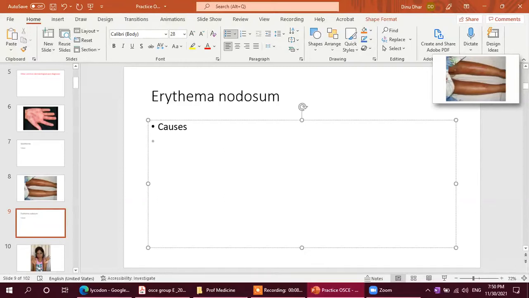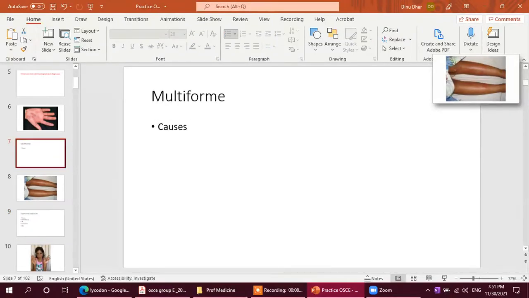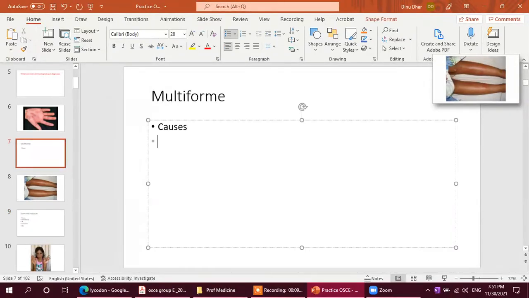The important ones you need to know are primary tuberculosis, primary TB, sarcoidosis, and also inflammatory bowel disease. It is one of the extra-intestinal manifestations of inflammatory bowel disease.